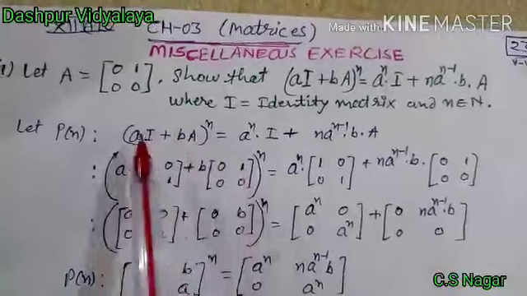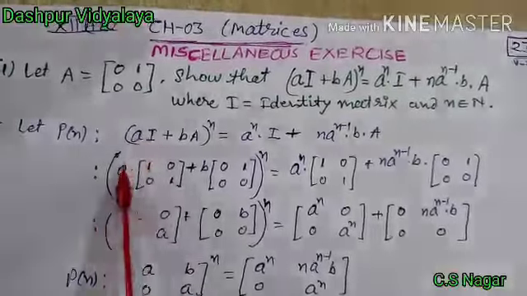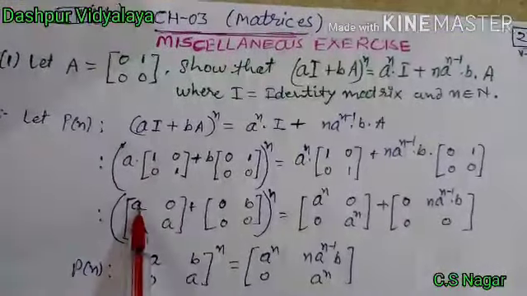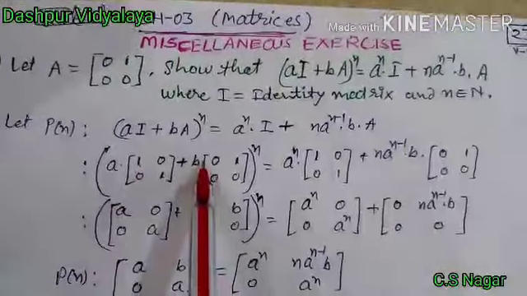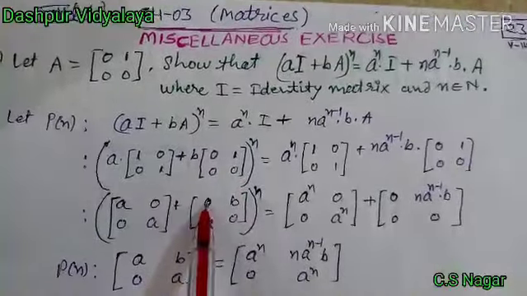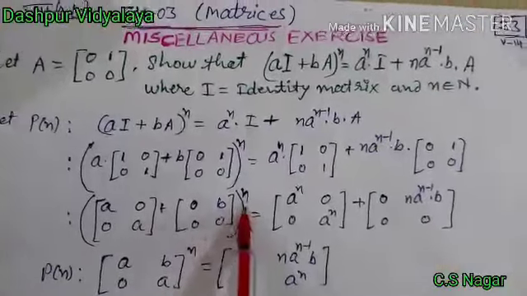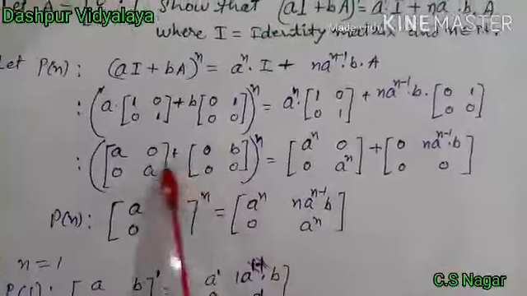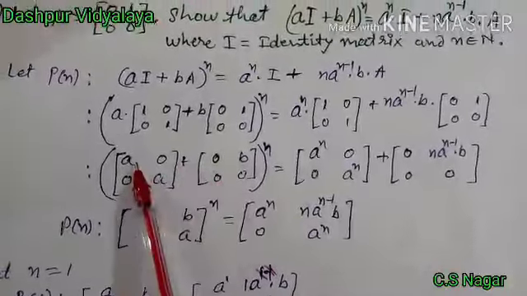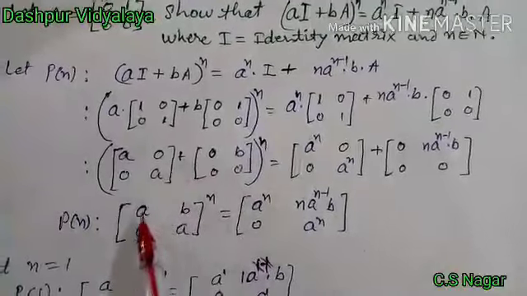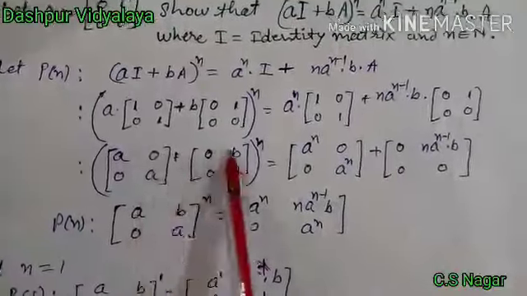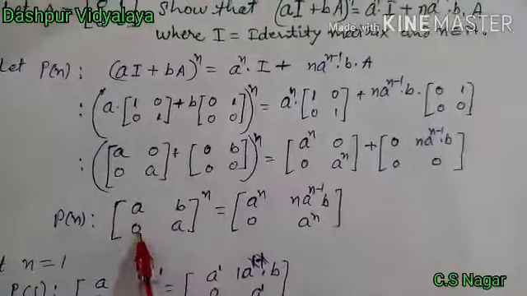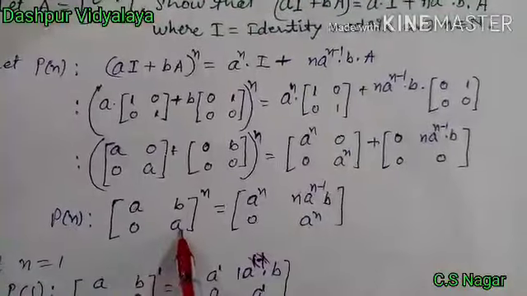So a times I becomes [[a, 0], [0, a]], and b times A becomes [[0, b], [0, 0]]. If we add these two matrices, a plus 0 is a, 0 plus b is b, 0 plus 0 is 0, and a plus 0 is a.